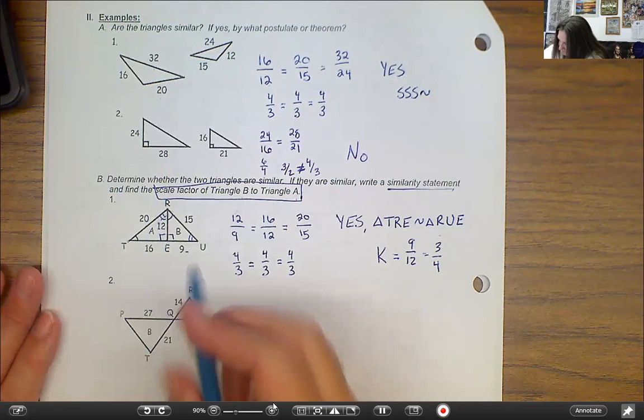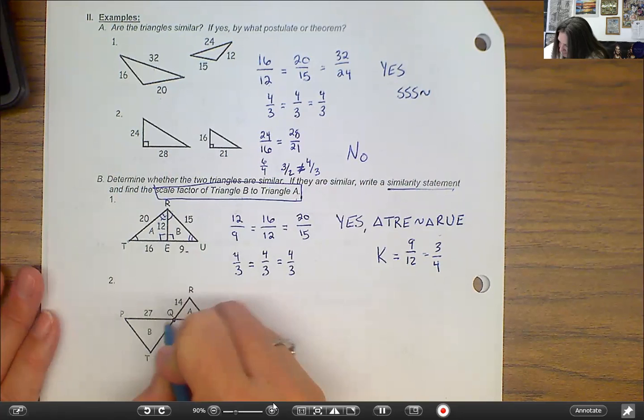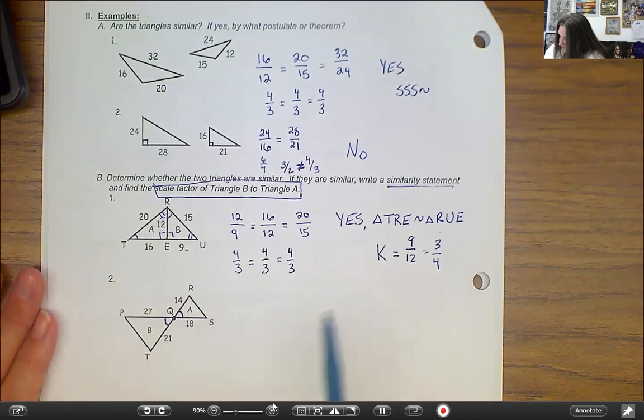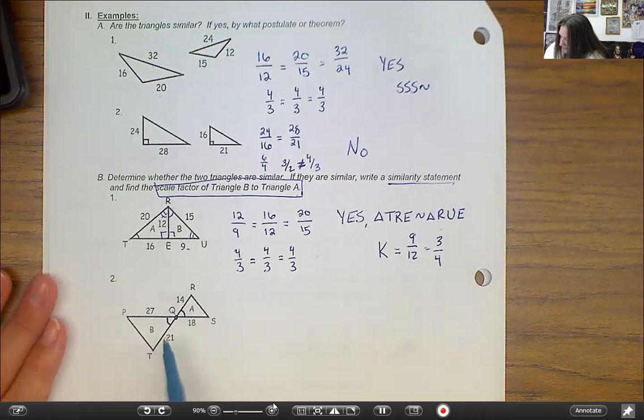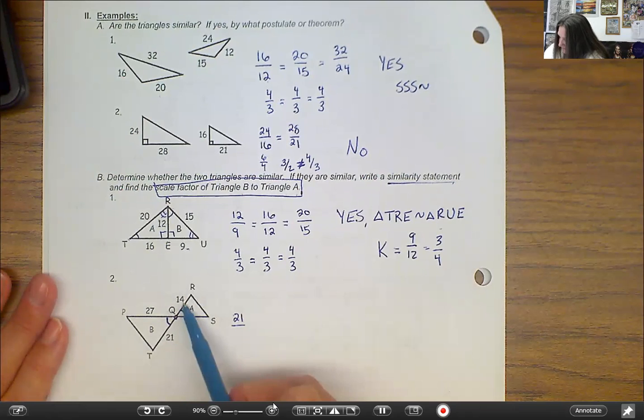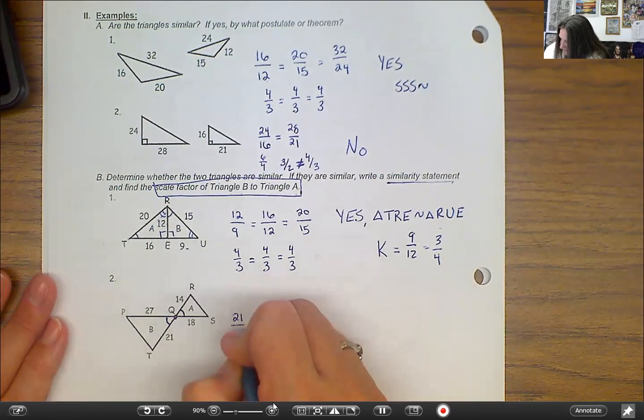Okay, and number 2, at point Q, we should recognize our vertical angles. So I do have one set of congruent angles, and I should be testing this by side, angle, side. What I want to see now is, are these sides proportional? Do they have the same scale factor? So I'm going to set that up. The smallest side over here was 21, which matches up with the smallest side over here at 14.